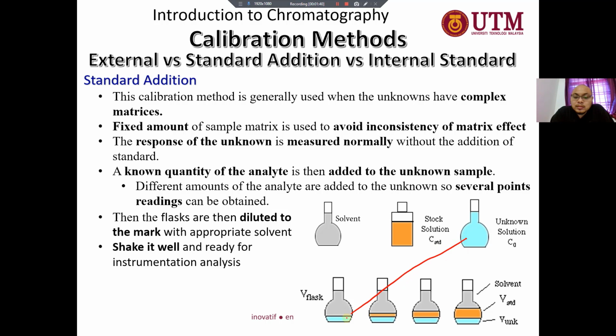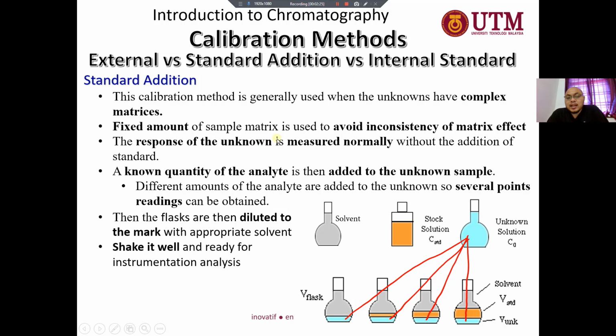The unknown solution added must be the same amount in every flask to avoid inconsistency of matrix effects. We claim that our analysis has a problem with matrix effects, so we need to use the unknown solution as the sample matrix as well, but at the same amount to avoid the inconsistency.